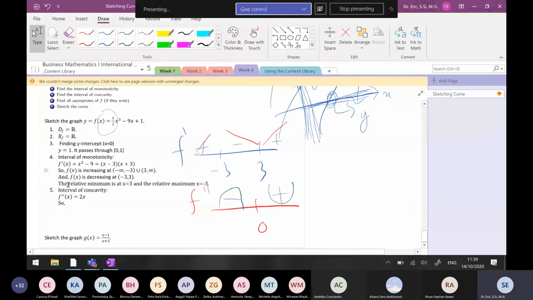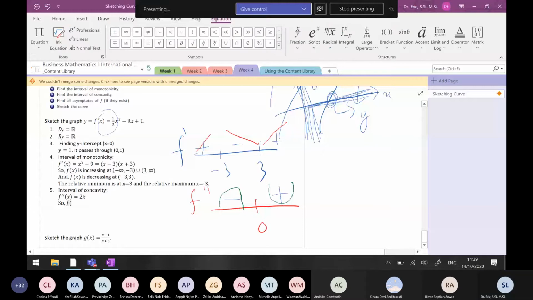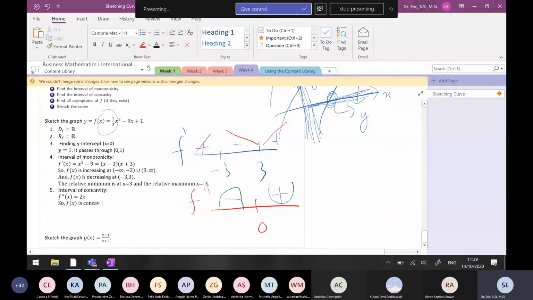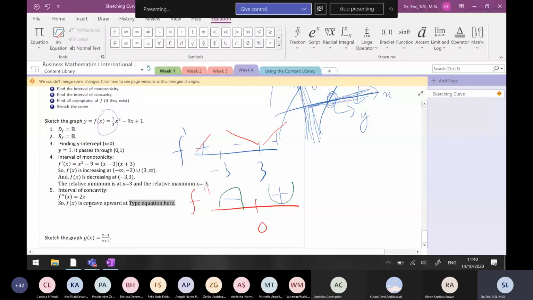So f(x) is concave upward on (0, ∞); don't forget we always use the open interval.